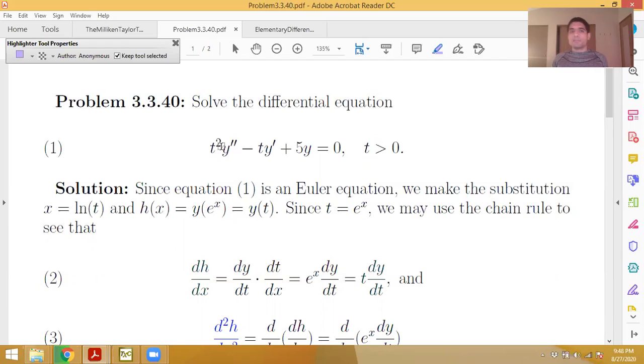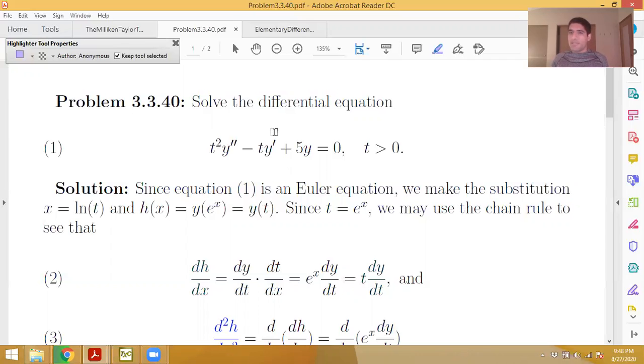Specifically, it's t squared times y prime prime, and we could have an extra constant here if we would like, plus a constant, -1, times t y prime, plus just a constant times y. So this is like t to the 0 times 0 derivatives of y, t to the 1 times 1 derivative of y, and t to the 2 times 2 derivatives of y.